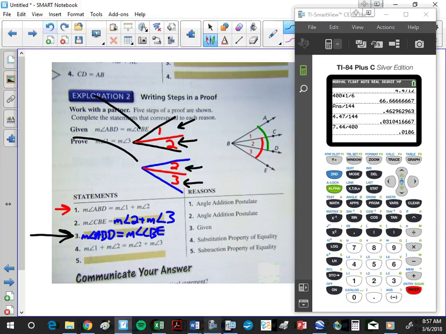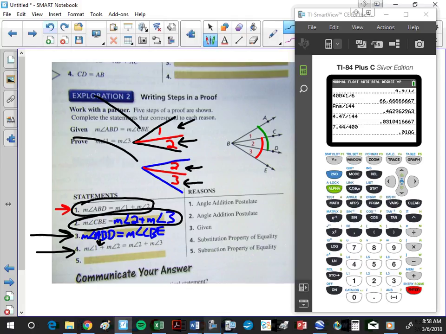Then line number 4 says 1 plus 2 is just as big as 2 plus 3, and that's just substitution. Right? ABD is 1 plus 2 because of this line right here. And then the next one, CBE is 2 plus 3 because of this line right here.